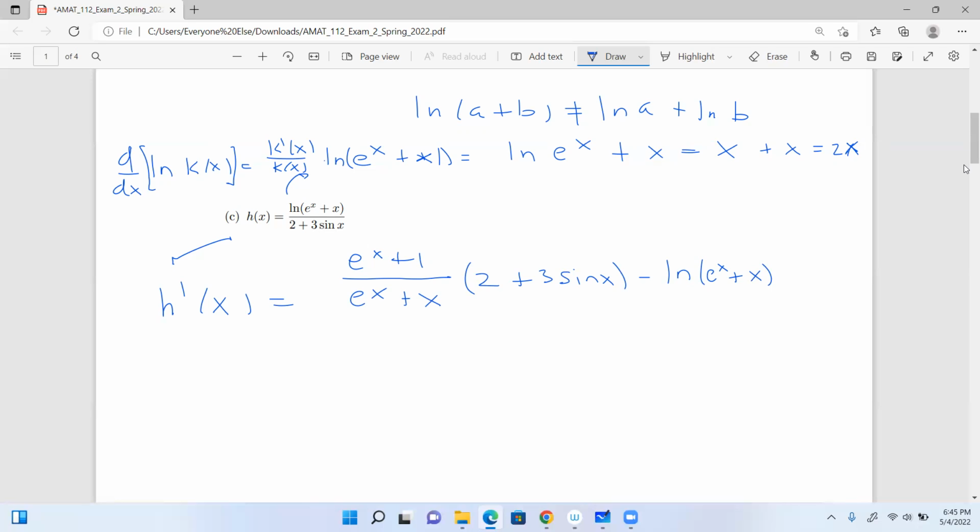So the derivative of 2 is 0, and then the derivative of sine x is cosine x times the 3. So it's going to be times 3 cosine x. And then that's all divided by the denominator squared. So make sure you remember the quotient rule, because that almost definitely and surely will come up on the final.